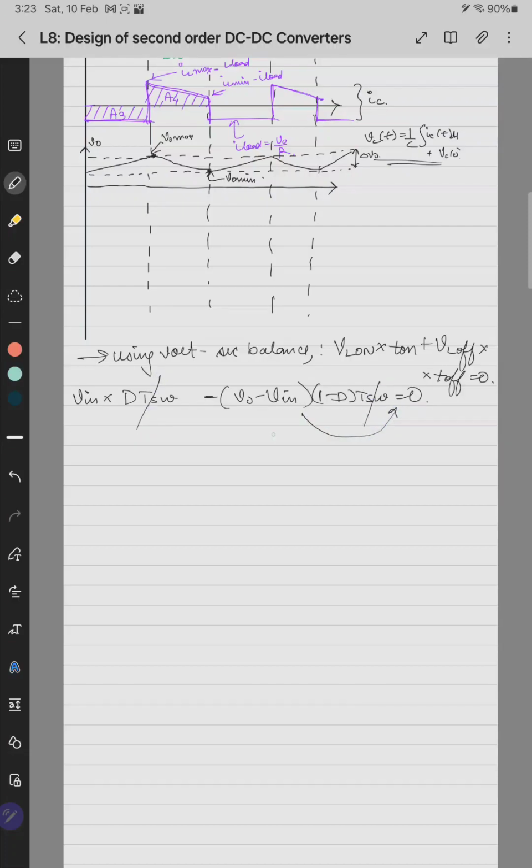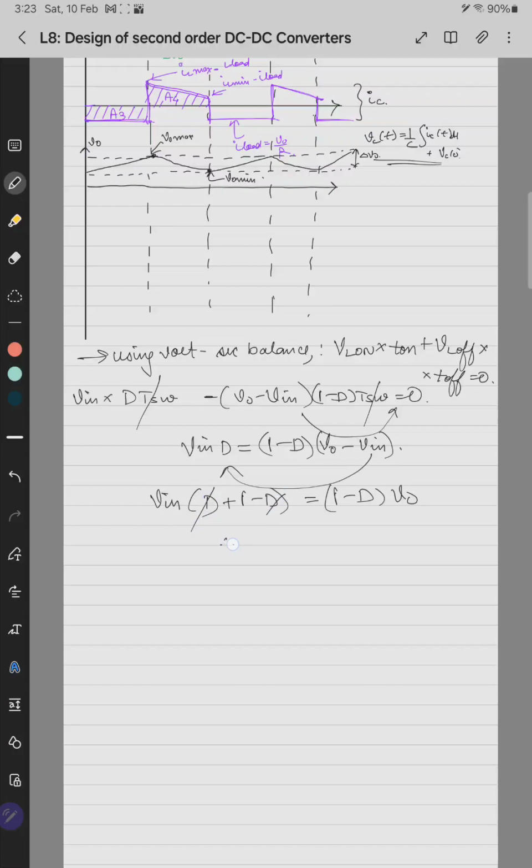Sending this to the right side, we get V in into D equals 1 minus D into V naught minus V in, because V naught is greater than V in. If we send V in here, D will be common, so V in into D plus 1 minus D equals 1 minus D into V naught.